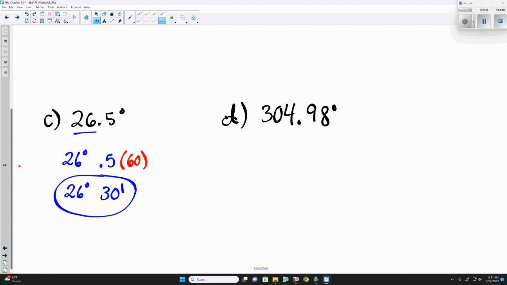And that's it. So 26.5 degrees is 26 degrees and 30 minutes. Now, if we still had a decimal, then we'd move on to seconds. So let's look at D. Now, our 304, our whole number, would be our degrees. Our 0.98 is where we would get the minutes from. And just like the previous one, we're going to multiply it by 60.